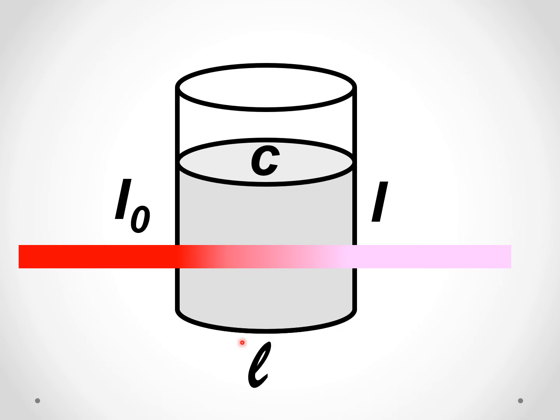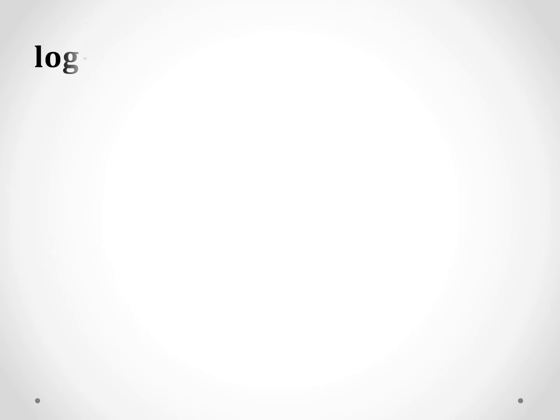So there is a mathematical relation between these four parameters. What is that relation? This is a relation: log I0 by I is equal to epsilon CL. I will tell you what is epsilon.